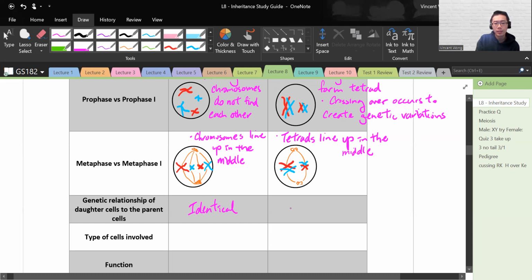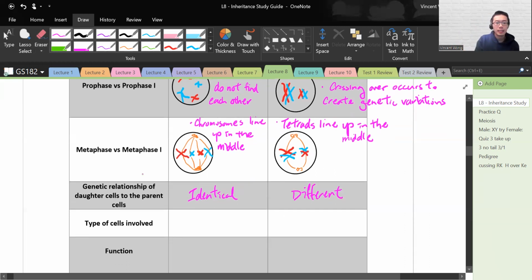And this one is different because of the gene shuffling that occurs, as well as the random alignment of the tetrads, right? Type of cells involved: these would be somatic cells, bodily cells. These are germ cells. Okay, so things that will become the sperm and the egg, those are called germ cells.